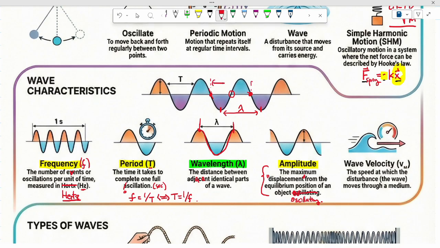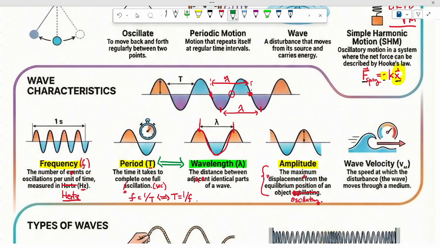And as I'm drawing these pictures, if what I'm labeling as wavelength kind of looks like period, that similarity is to be expected, because period and wavelength are analogous to each other.